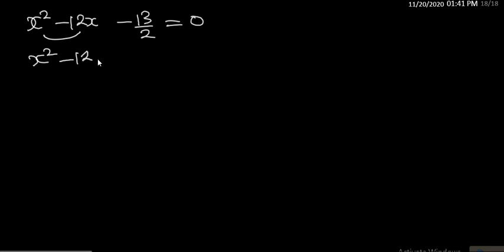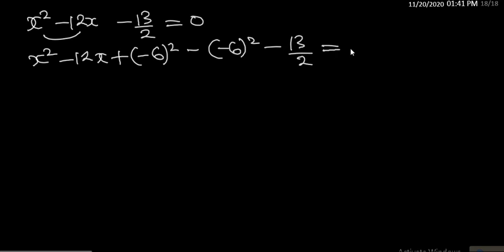So add and subtract the square now will give us x squared minus 12x minus 13 over 2 equals 0. So we have x squared, remember we are completing the square of this, minus 12x, add and subtract, plus minus 6, minus 6 squared, minus 13 over 2 equals 0.